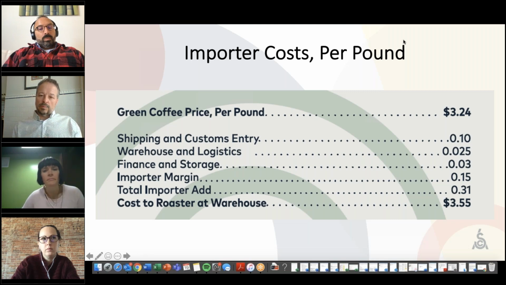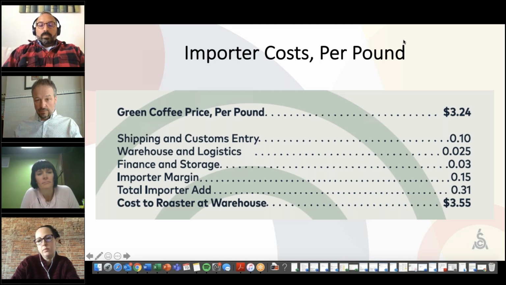If you consolidate your purchasing and then consolidate your shipping inland, so for example, you reduce 10 to 1 full to 5 full pallets at a time for a small roaster, a half to a full truckload for a large roaster, then you can start to have a conversation about what all these numbers are.